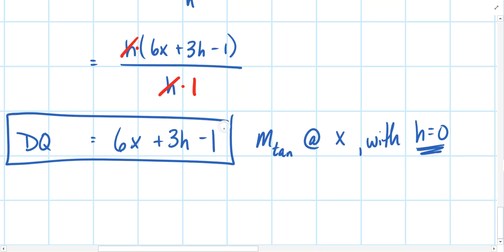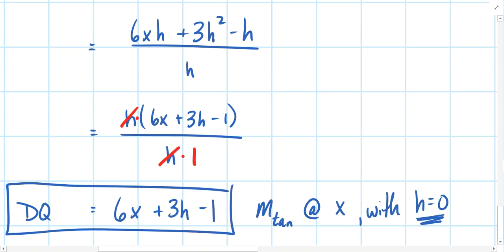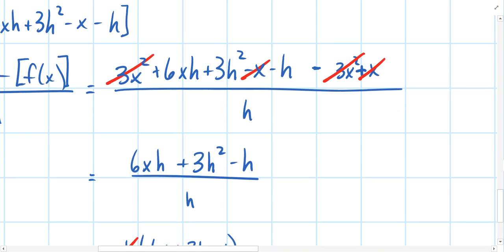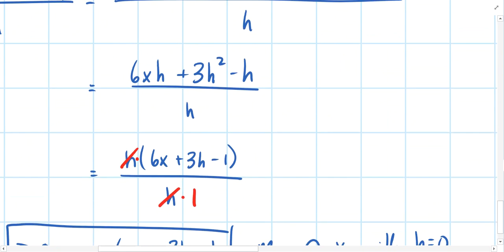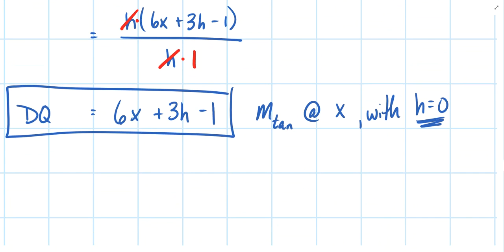We can do that now because this equation allows for an h value to be 0. It doesn't give us an unusual result where we would have to divide by 0. So this answer in the box is the simplified difference quotient for part A. This was our answer for part A.